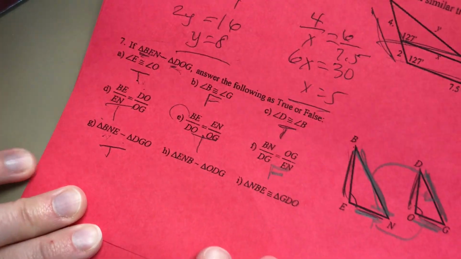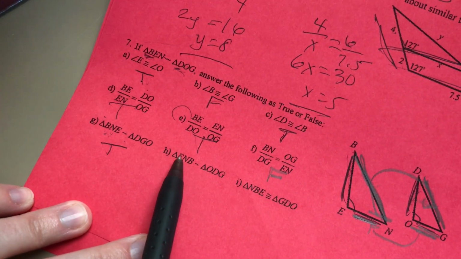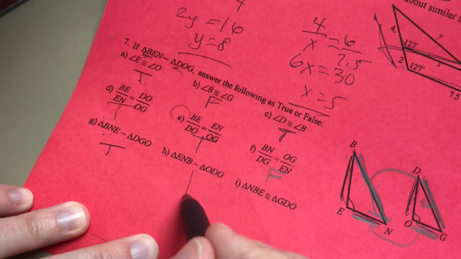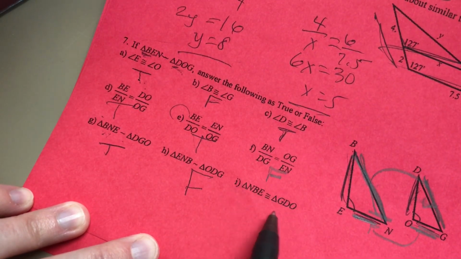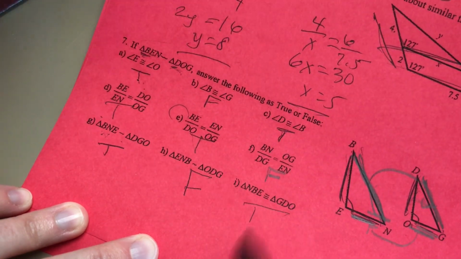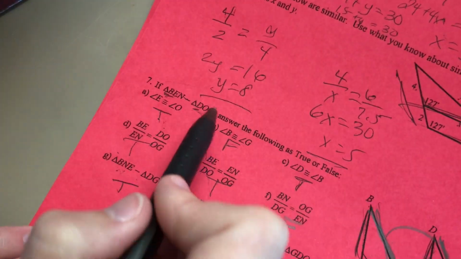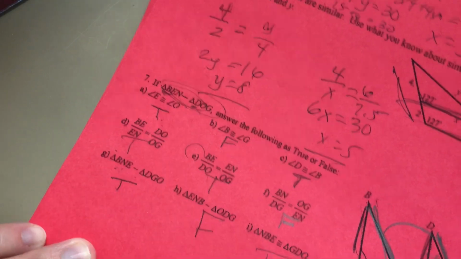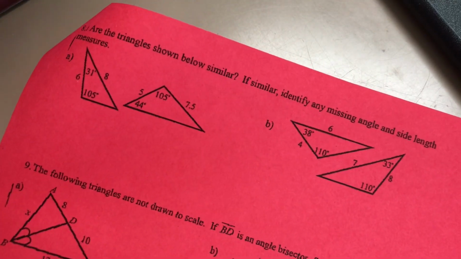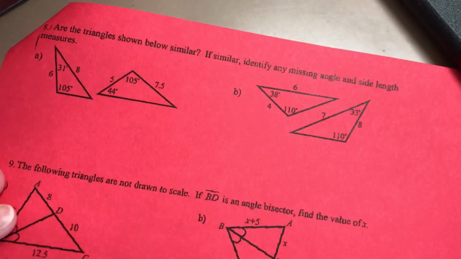Again, it's just talking about corresponding letters there. Triangle ENB, OGD, nope, false. You gotta go in the right order. NBE, so I should go GDO, which I did, so that's true. So that's all just a bunch of paying attention to the order of the letters or the picture for corresponding pieces. Okay, moving on to a few more examples.